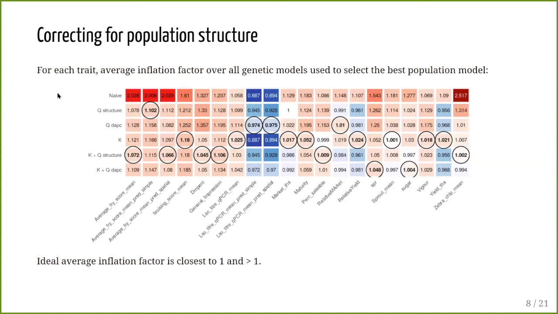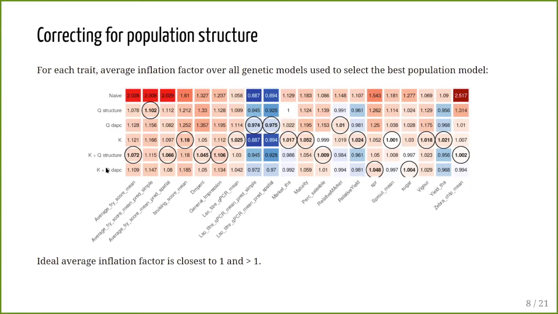We took the average over all the genetic models for a given trait, that's the columns here, and a population model, that's the rows here. And then we looked at which population model gives us the best average inflation factor. Ideally, if you correct well for the impact of population structure, you should expect an inflation factor that is close to 1 and hopefully above 1 to mean that we have some significant results.